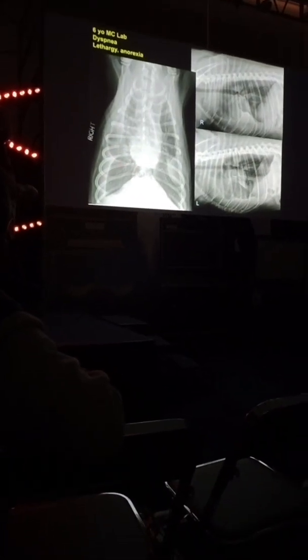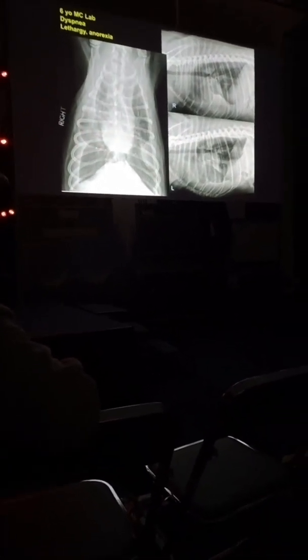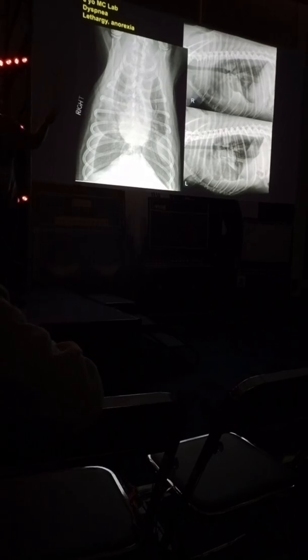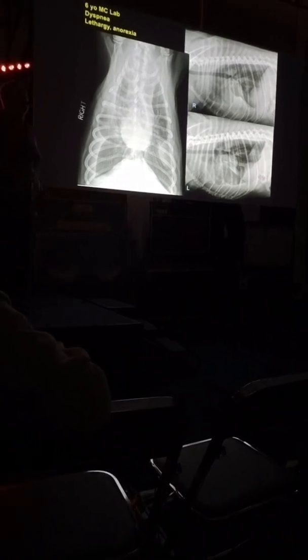Pleural effusion. This animal's got pleural effusion. We can see this really nice example of the lung being displaced away from the chest wall. We can see fluid between lung lobes. We see pleural fissures, right? So we know this animal has pleural effusion. Now, somebody made a very important point.